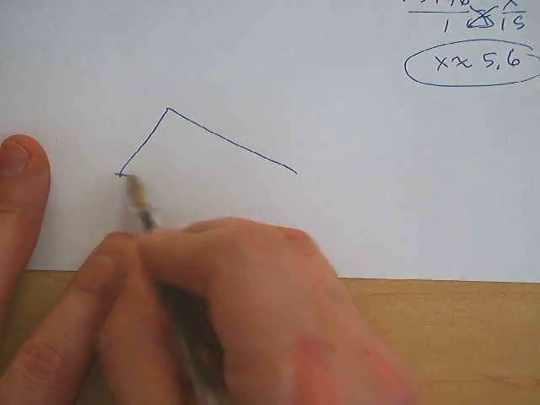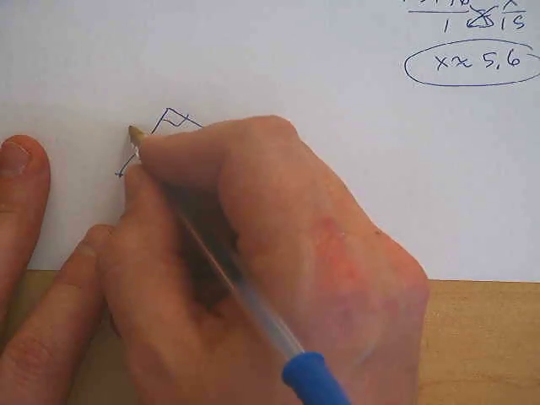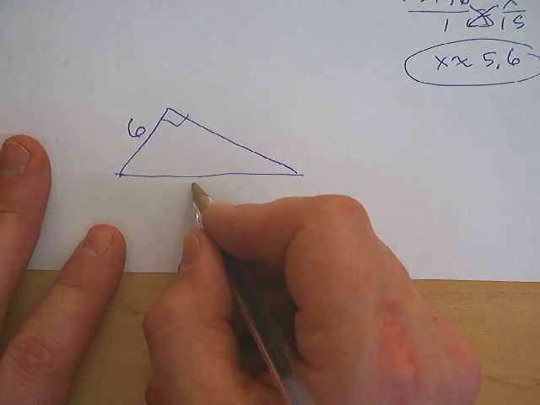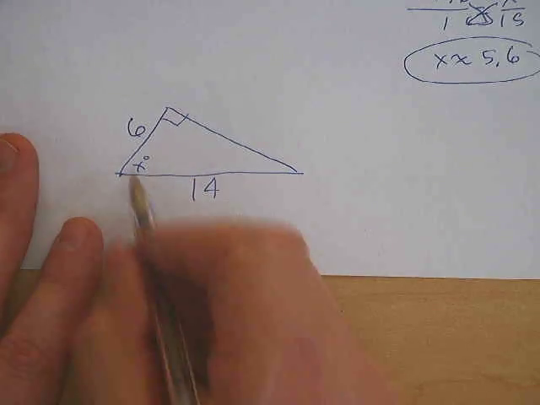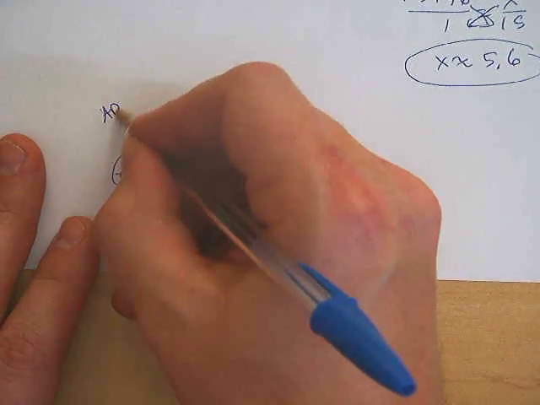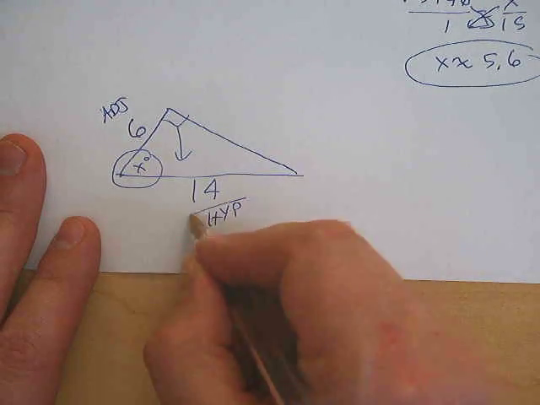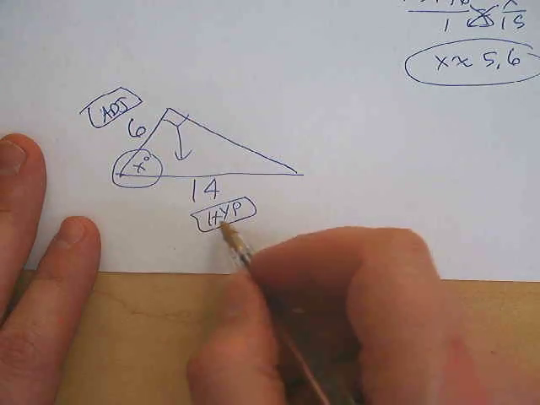All right, now what if I knew the sides but I didn't know the angle? So let's say this is 6 and this is 14. And I wanted to know this angle right here. Let's say it's x degrees. Well, I start off with this side, which is the adjacent side. This side, which is the hypotenuse.